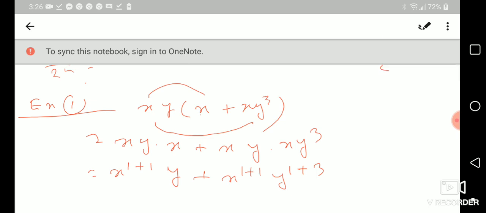One to the power 1 is the same thing, so it doesn't change anything. So y to the power 1 is going to be y. Any number with the power of 1 stays the same number. Anyway, if you want to write it, you can write it.